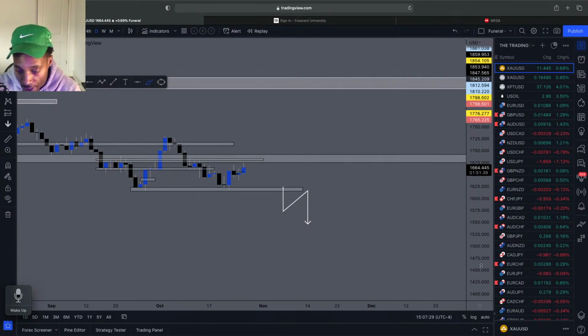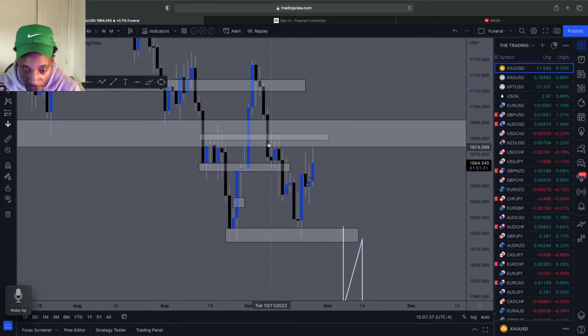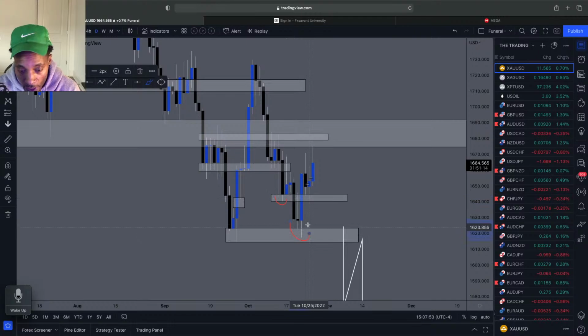If we look at the daily, you can see that we've had an impulse, retracement, and impulse, the most common pattern in the market, already completed. You can see right here we had an explosion from this level, came back for the retracement, and then exploded to the upside, also confirming the pattern that we identified in previous live streams, as well as a left shoulder, head, and possible right shoulder forming right in this area.